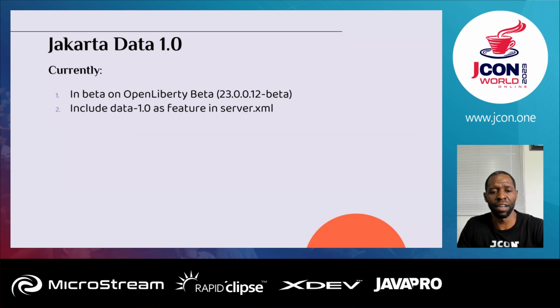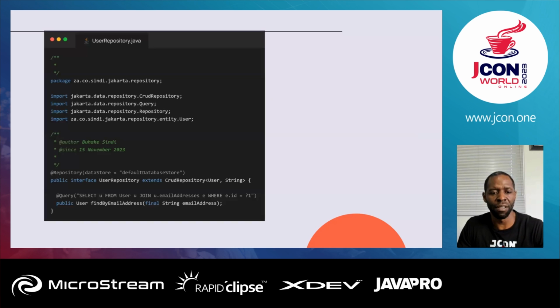And you can currently run the beta of Jakarta Data on OpenLiberty. The current version is 23, and just include data-1.0 as a feature. A typical example: there's a repository here that I've done, which extends the CRUD repository from Jakarta Data.